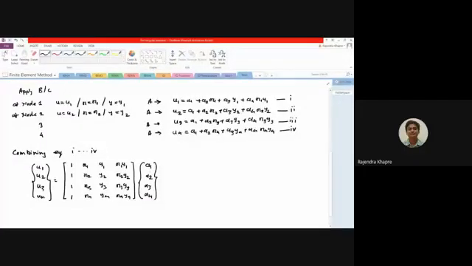If you multiply the first row with the column, you get expression number 1, and the second row with the column gives expression number 2.